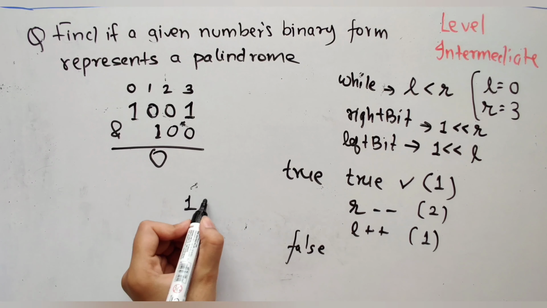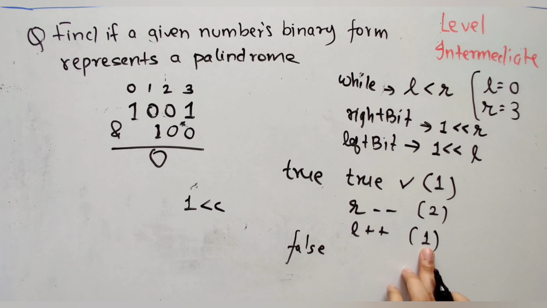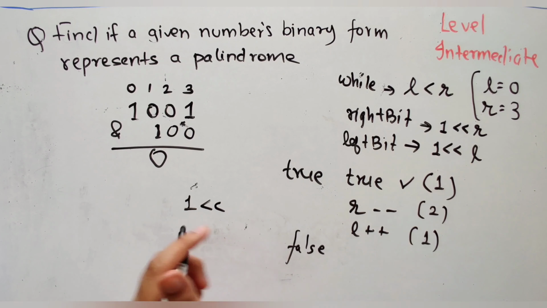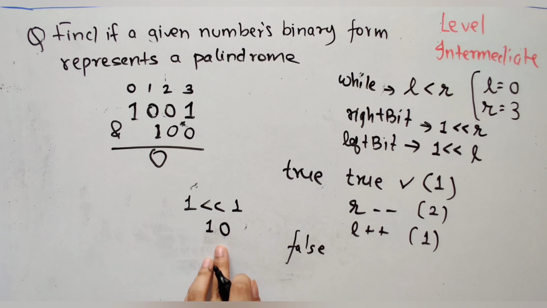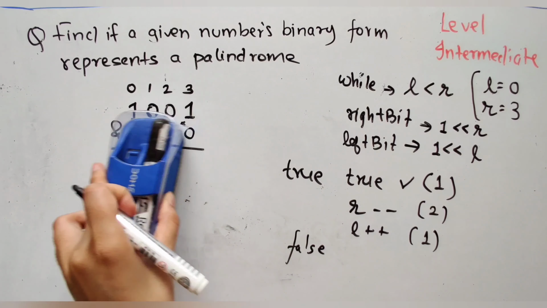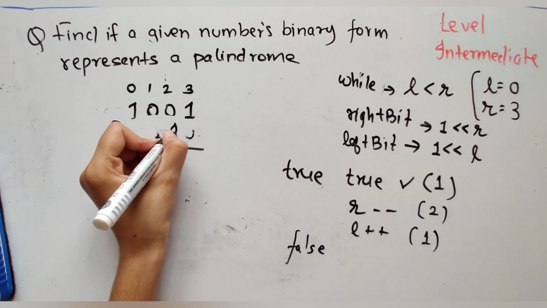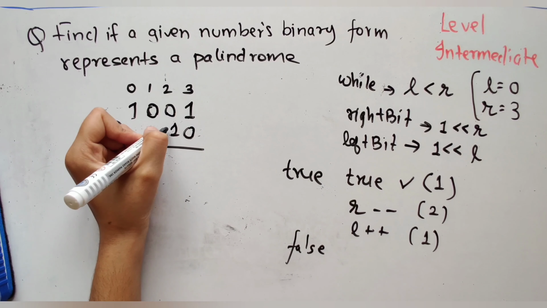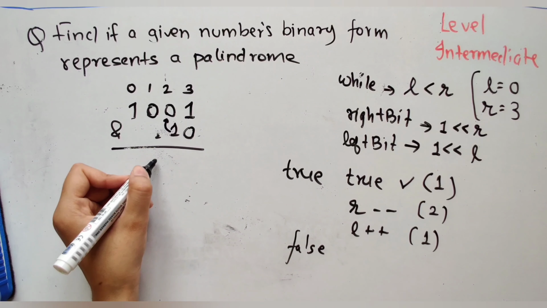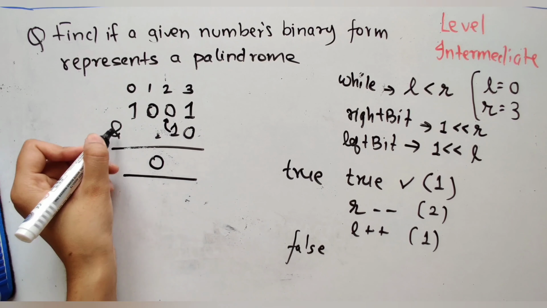Okay. Now 1 left shift 1 time, right? Okay. What is this going to give me? It's going to give me 1 0, because I've done left shift 1 time. So this gave me 1 0. So 1 0. What is this expression going to evaluate to? The bit on top of 1 is 0, so the entire expression will evaluate to 0, bitwise AND.